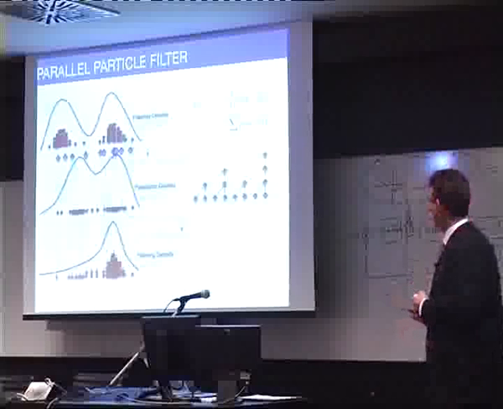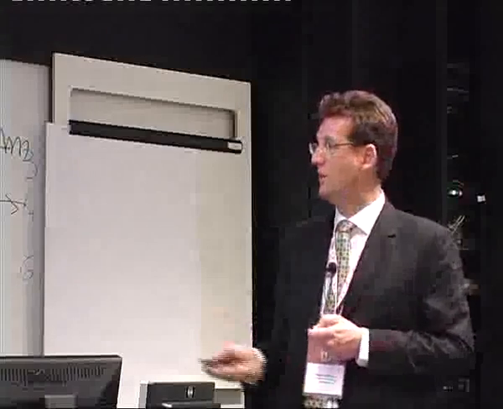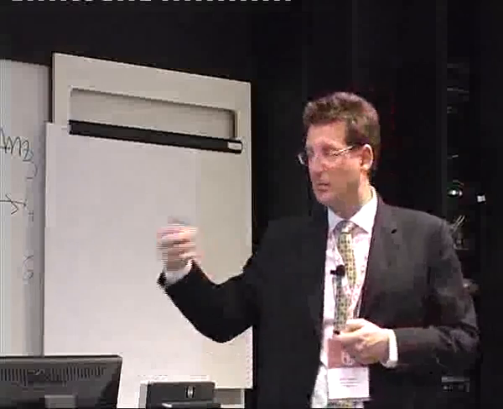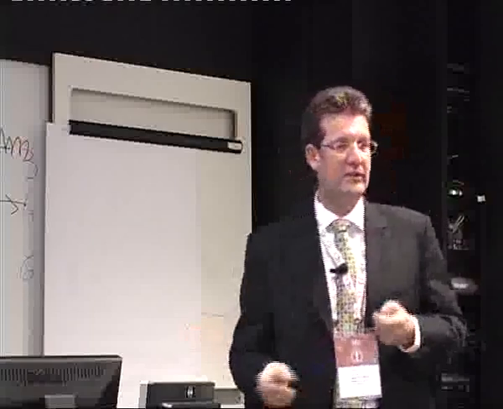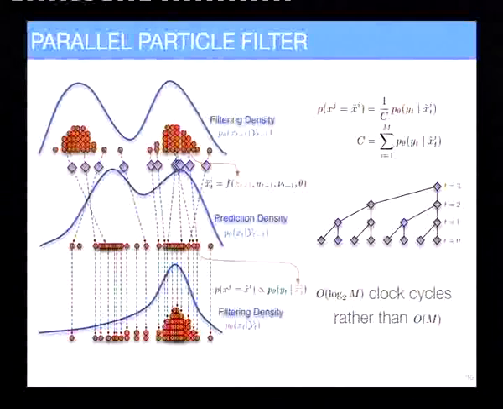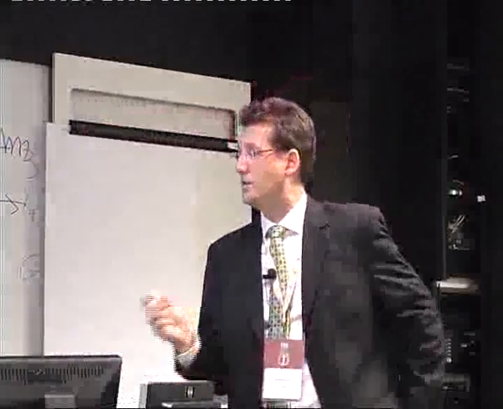So if I use a tree-like structure, instead of taking 16 time steps to do my addition, I can take only a logarithm of that to do my addition. I can turn a potentially order m number of CPU cycle computation into a log m one, which is a very significant speed up. So there are speed ups available. So both the particle filter and the Metropolis algorithm can both take advantage of these parallel processing platforms.